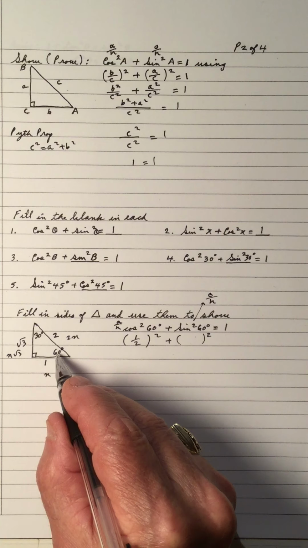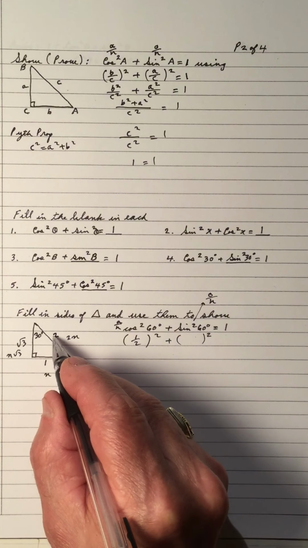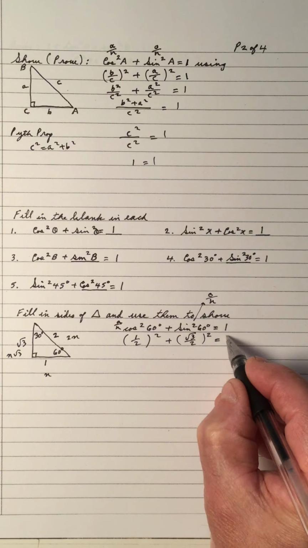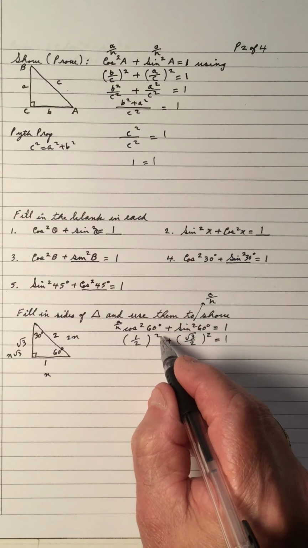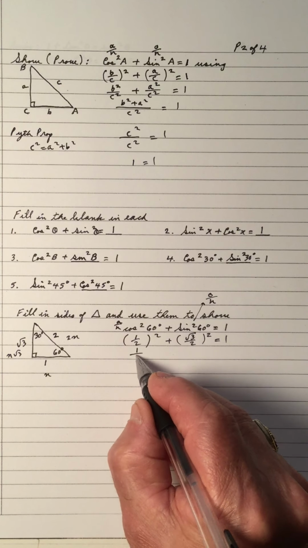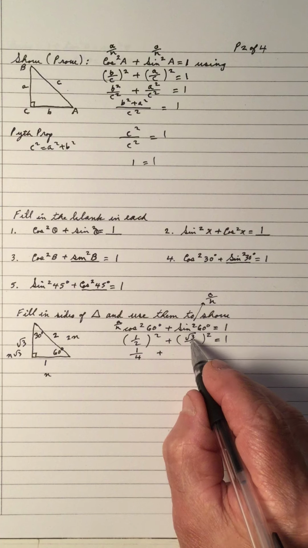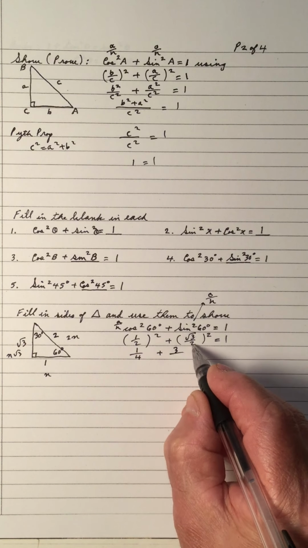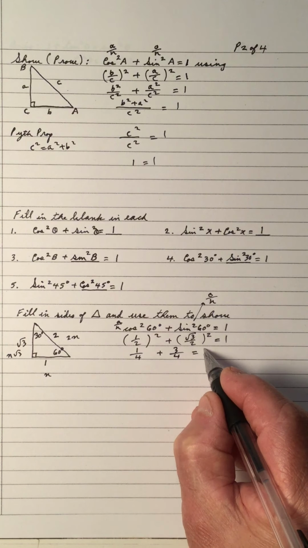In relation to the 60, the opposite is root 3 and the hypotenuse is 2, so it's root 3 over 2. And 1/2 squared: 1 times 1 is 1, 2 times 2 is 4. Root 3 over 2 squared is root 3 times root 3, which is 3, and 2 times 2 is 4.